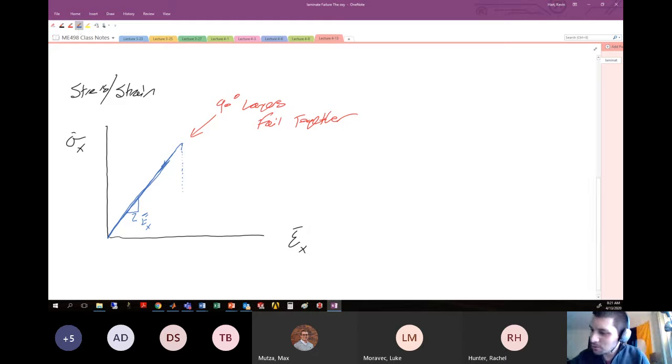All right. So when this 90-degree layer fails, to relieve the stress that's on there, the individual layers will fail. But that doesn't necessarily mean that the laminate is completely failed. It loses the ability to carry load in those particular layers, but it can persist more or less. So what happens now is the laminate will continue to load up after that 90-degree layer has failed, but will have reduced modulus.